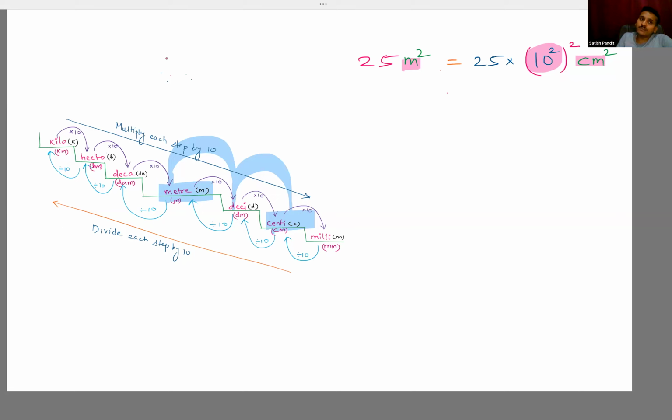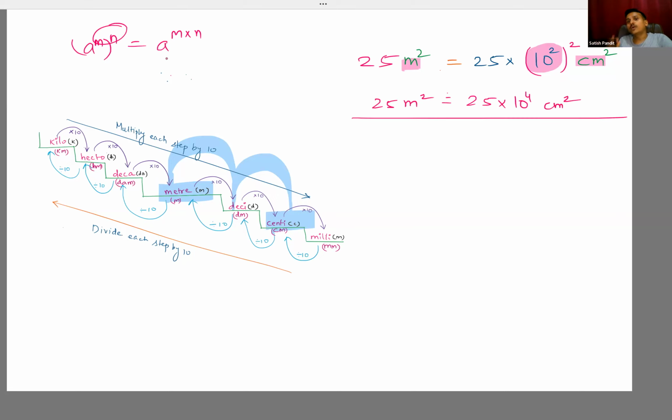Now, in exponents, we have learned a to the power m, the whole power n, is a to the power m into n. We have to multiply the powers. So here it will be 25 into 10 to the power 2 into 2, which is 4. So 25 meters square is 25 into 10 to the power 4 centimeters square. Clear or not clear?